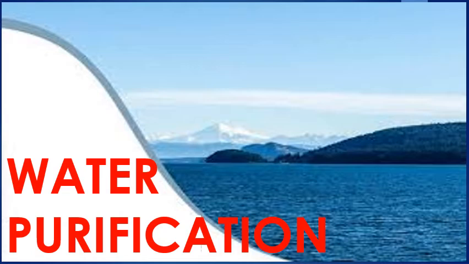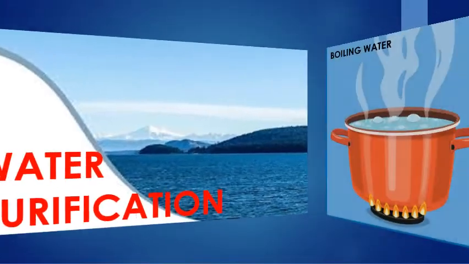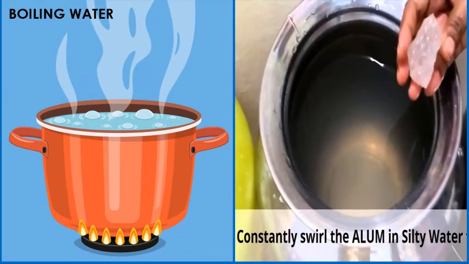But still, water becomes dirty due to many human activities, as we have seen previously. Hence, it is very important that we purify the water before drinking it. One of the best ways to purify the water is by boiling it.